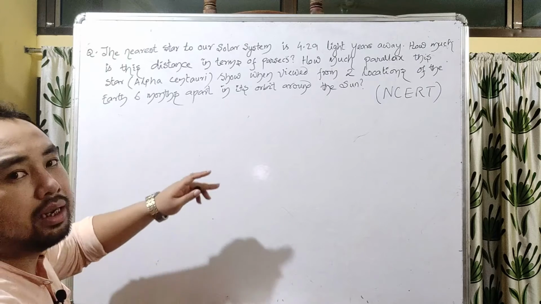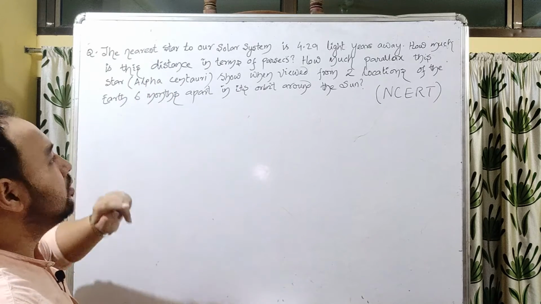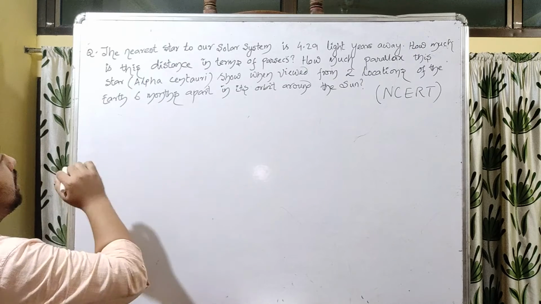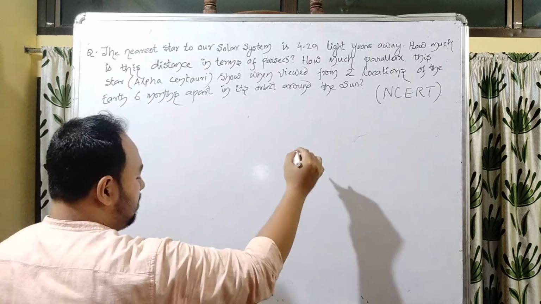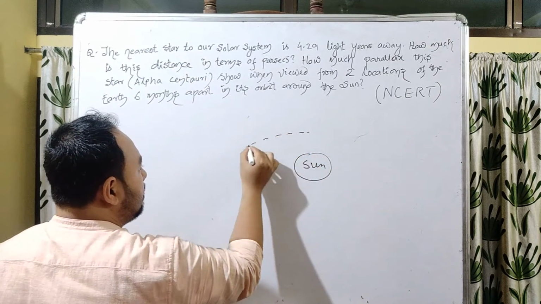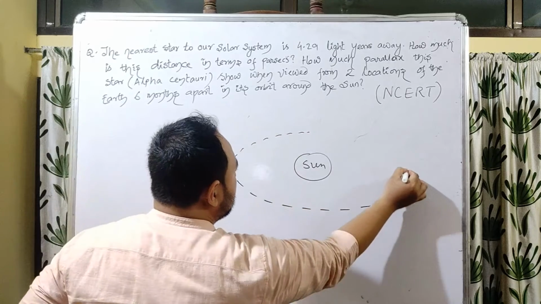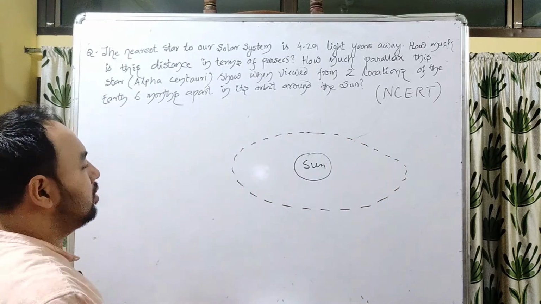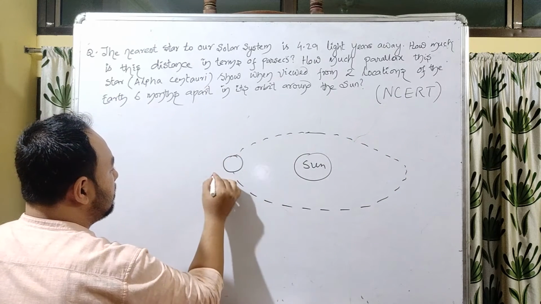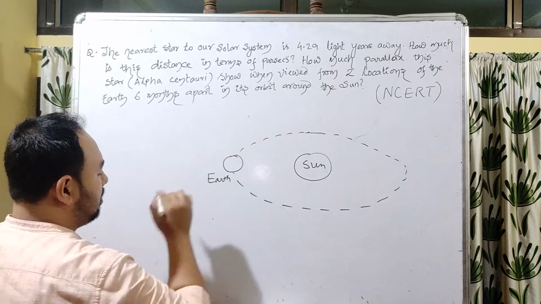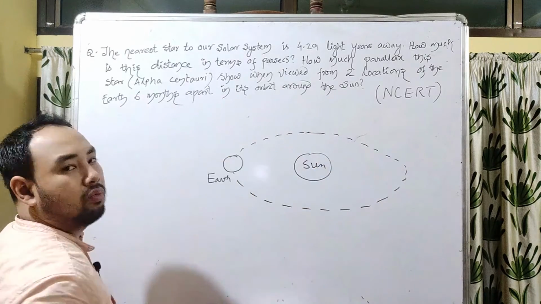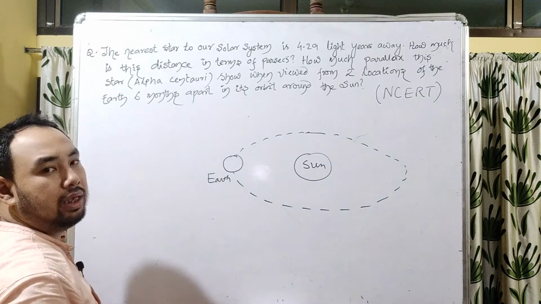Here it is given that the star is viewed from two locations of the earth 6 months apart. So if this is the sun, then the orbit of earth around sun will be somewhat like this. If this is the position of earth, then in 1 year it will complete one total revolution around the sun.